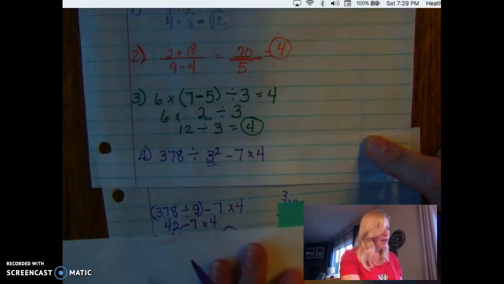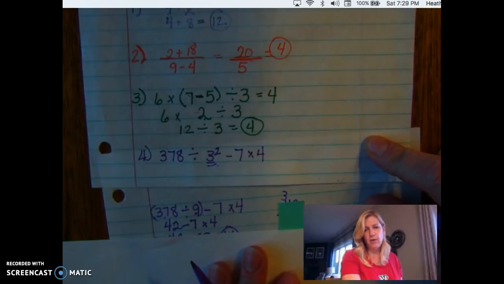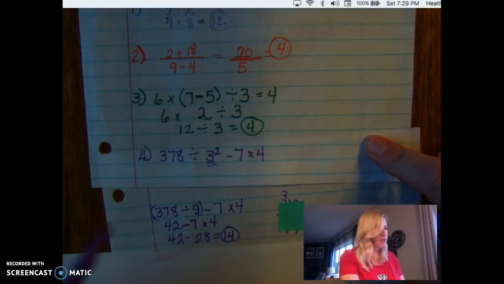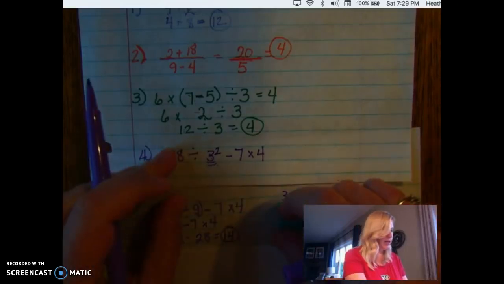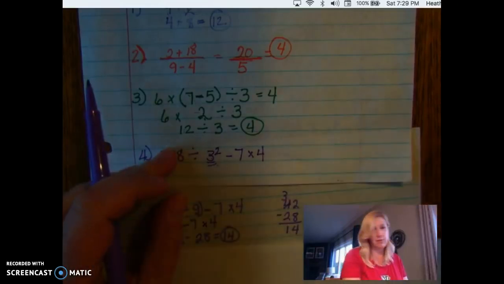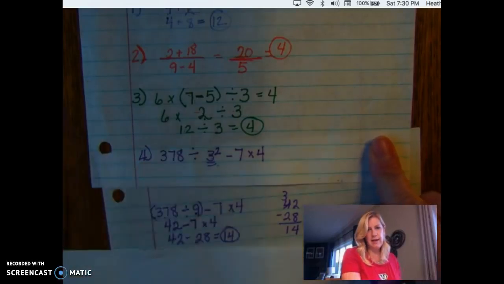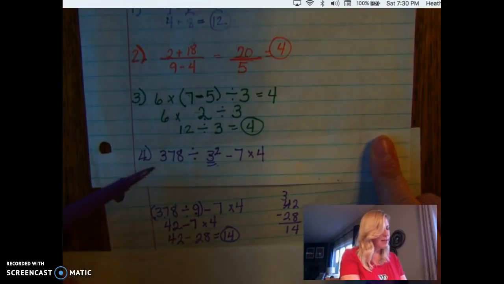And then what I did was I moved down to 7 times 4, and I did the next step, which is 42 minus 28, and I went over here just to demonstrate that you can do the arithmetic off to the side, and I got a 14. Okay, take a look at my steps. Did you miss any along the way?